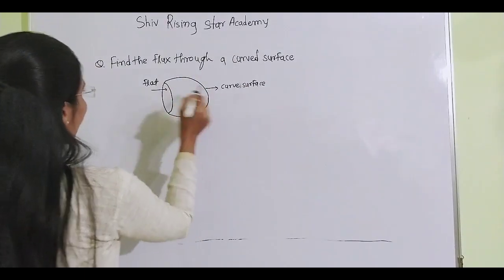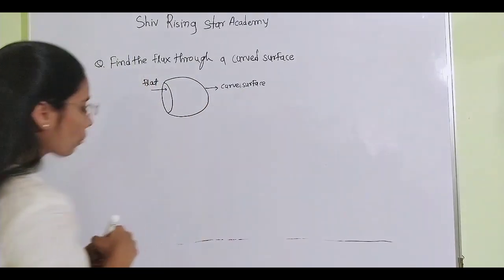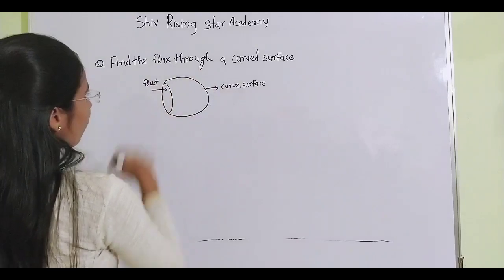This is a flat surface of the cylinder, and this is the curved surface. We consider that the flux through the closed surface is 0.